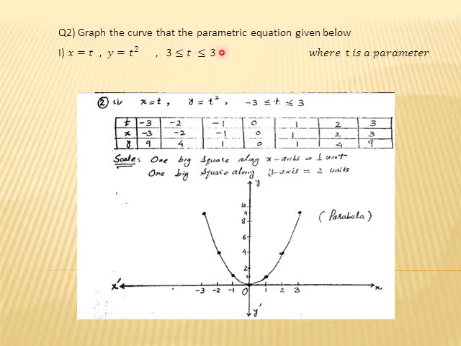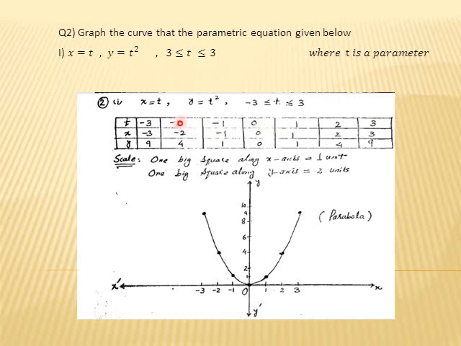Next, graph the curve of the parametric equation given below. x is equal to t, y is equal to t square, and t is the parameter because this is the parametric equation, and the value of t is minus 3 to 3. If x is equal to t, so minus 3, minus 2, minus 1, 0, 1, 2, 3.